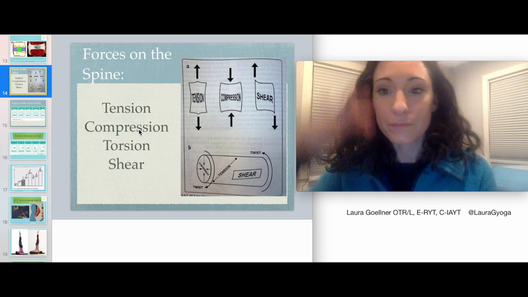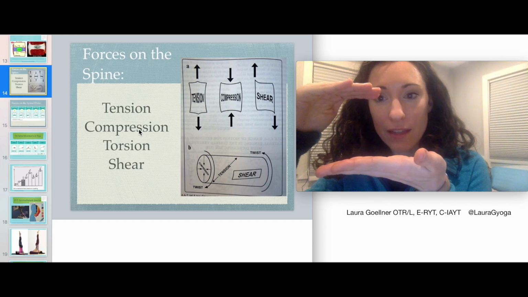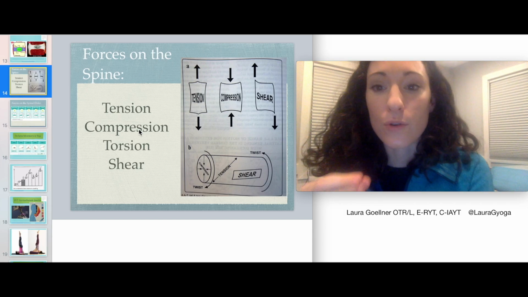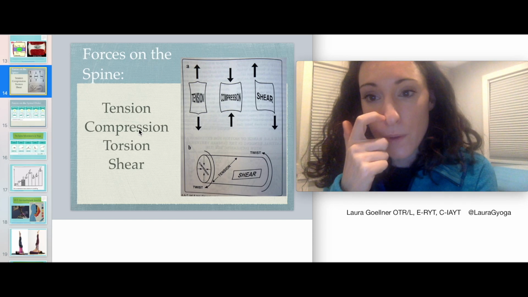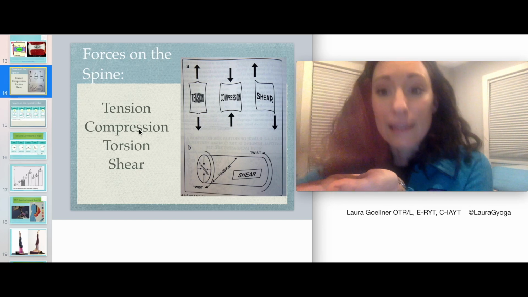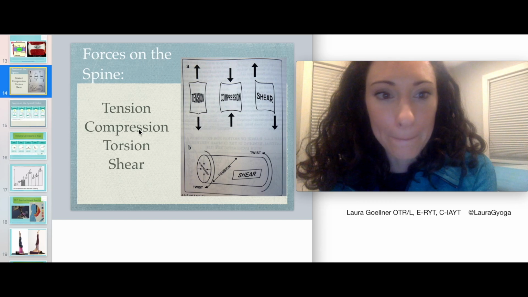Compression. So if we're in headstand and the force of gravity is pushing one end of the spine toward the other end of the spine, there's going to be compressive force. We would also get that if you jumped down a series of steps and landed on the ground, there would be a compressive force associated with that.